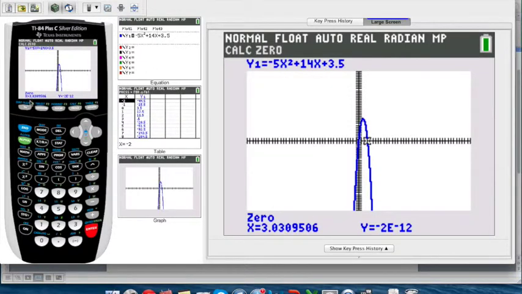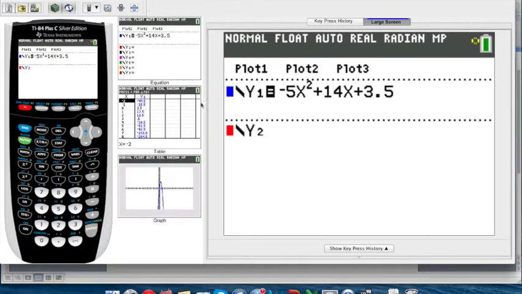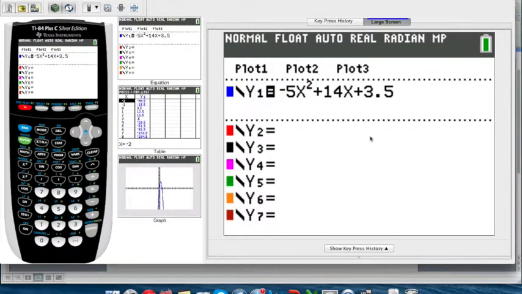Alright, since we figured out the points in the parabola, let's figure out how to factor this equation by hand. Let's go. So let's move on from the computer to my notebook right here. Alright, so we got negative 5t squared plus 14t plus 3.5.